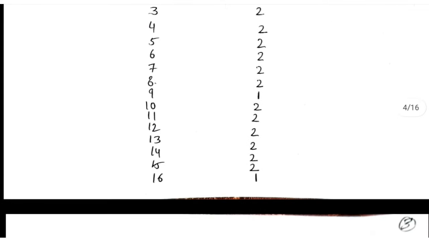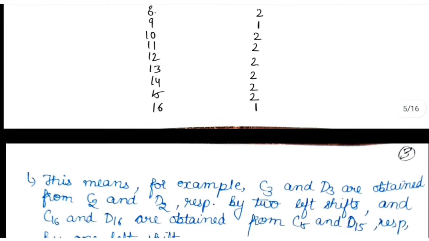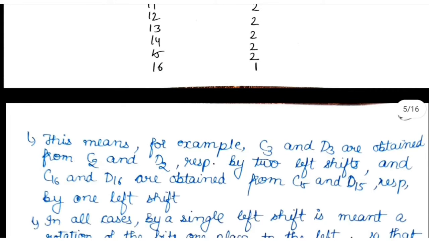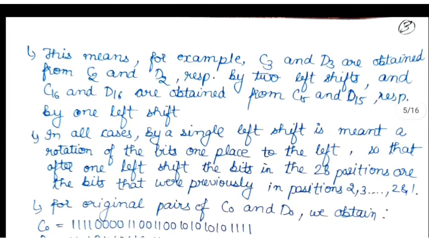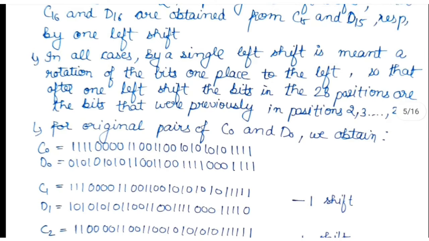For example, C3 and D3 are obtained from C2 and D2 by a 2 left shift, and C16 and D16 are obtained from C15 and D15 respectively by a 1 left shift. So the iteration table shown before will be used to decide the shift.